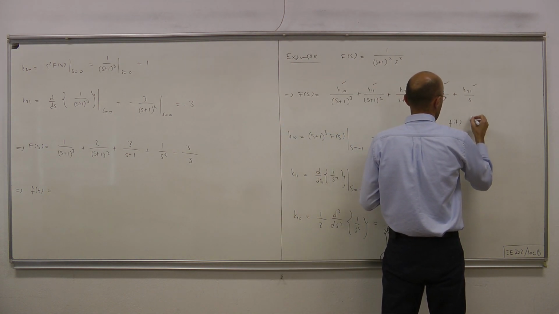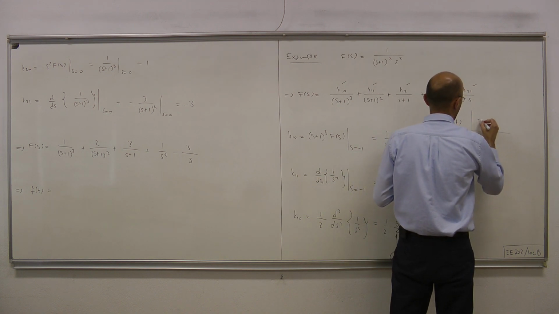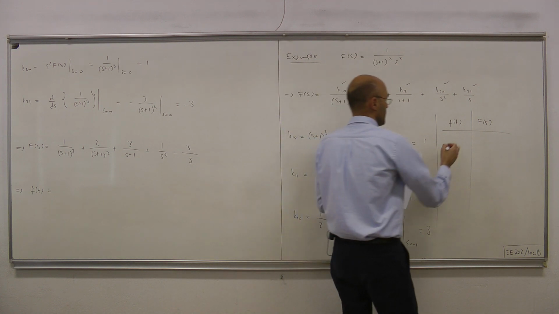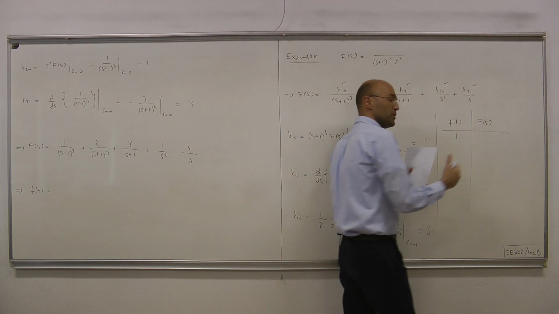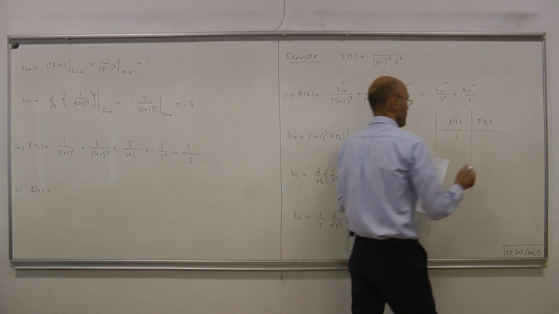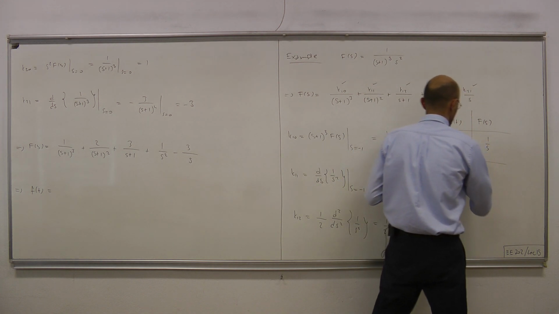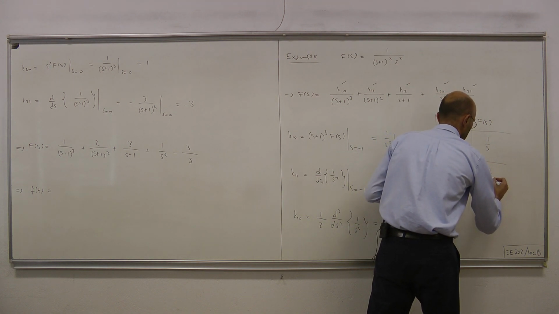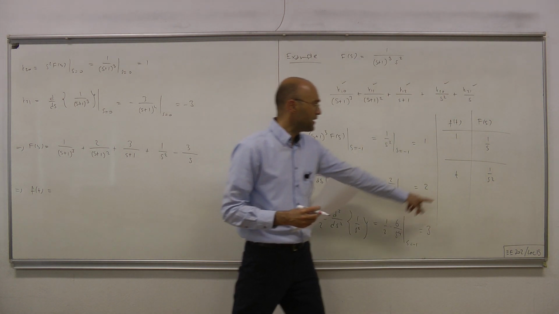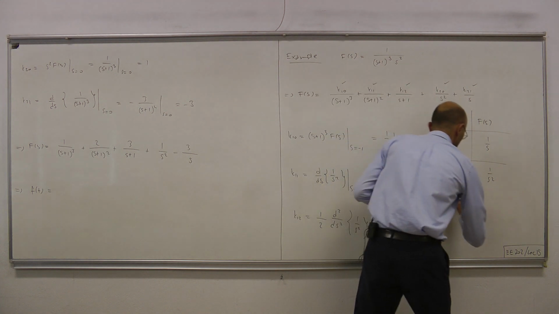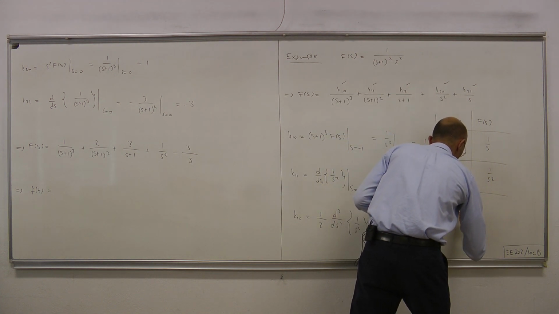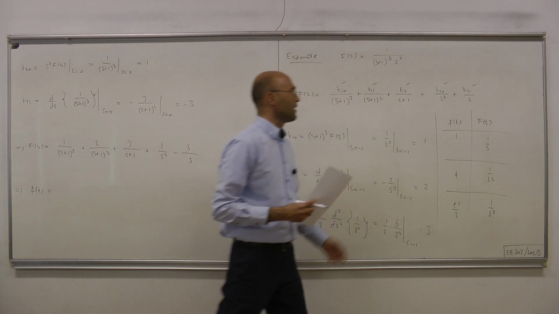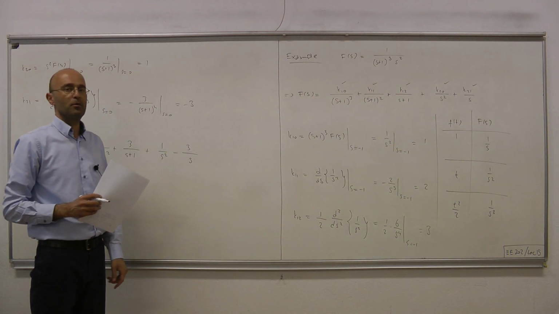So f of t and f of s, note that for one, or for unit step, we have f of s equals 1 over s, and then you integrate this, what we have is t, and what we have here is 1 over s squared. You integrate this once again, what we have here is t squared over 2, and you divide by s once again, and f of s is 1 over s cubed.